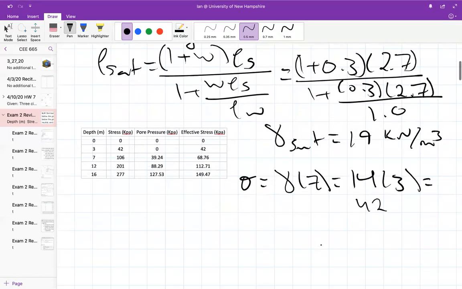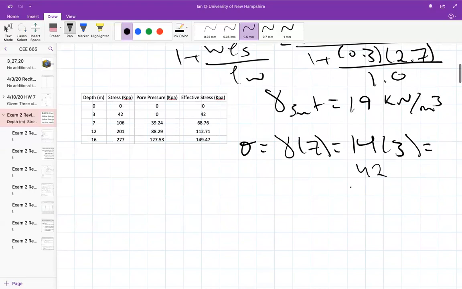And you guys seem to be pretty knowledgeable in being able to calculate stresses, pore water pressure, and effective stresses. It's just reiterating the same thing at different depths and including the stresses above it. Our equation is total stress is the effective stress plus the pore water pressure. So that's how we get these different parameters right here.